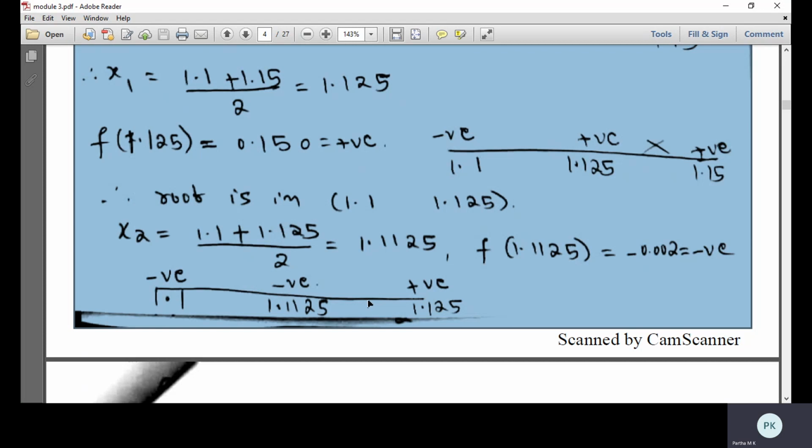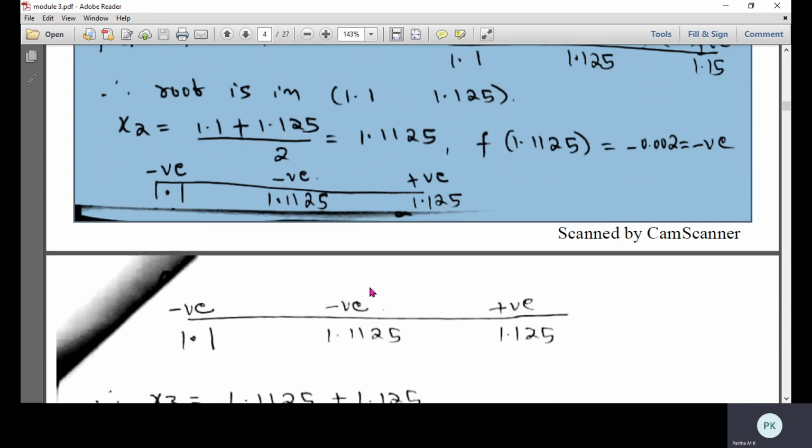Next, take the middle value. What is the middle value? (1.1125 plus 1.125) divided by 2. Say that value, you simply say 1.11. You find f of 1.11. Write that 1.11 here. Find whether it is negative or positive. Then in this way, the procedure will be continued.